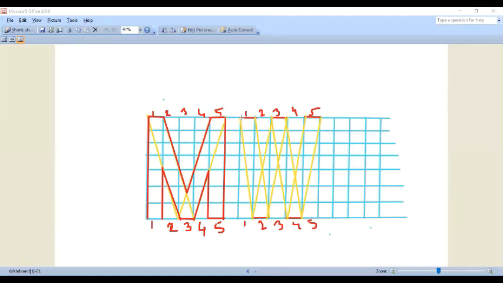So first join this part, okay, and up to the intersection point. And again join this, again join this to the intersection point. Up to the intersection point. So in this way, draw the M and W.